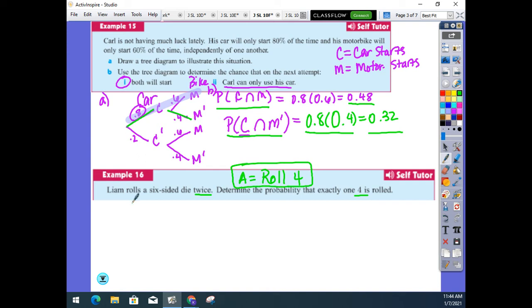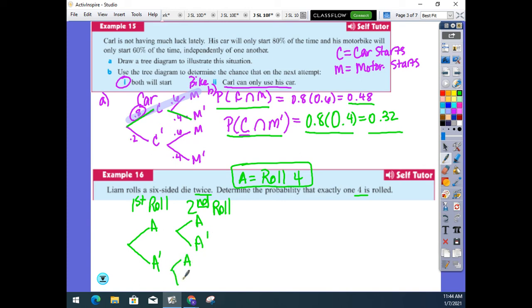So this is the first roll. You either roll a 4 or you don't. Then there's the second roll. You either roll a 4 or you don't.